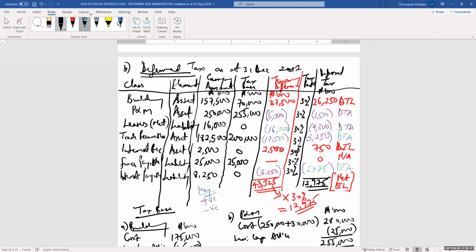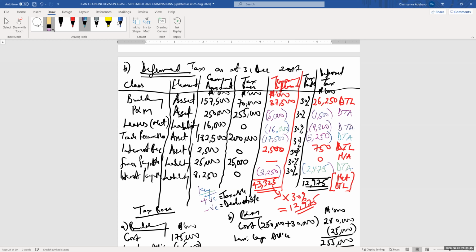Now, for leases, which is a liability, we are recognizing a deferred tax asset. So to me, it's like that equation is turned the other way, like tax base minus carrying amount in the case of a liability. Is it like that, sir?